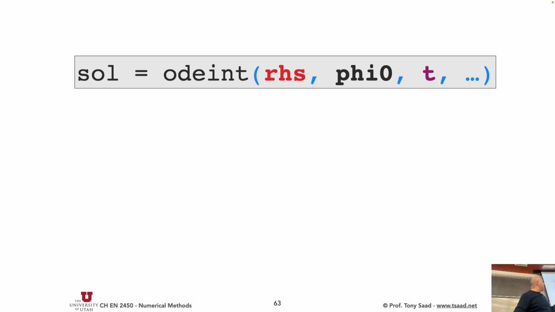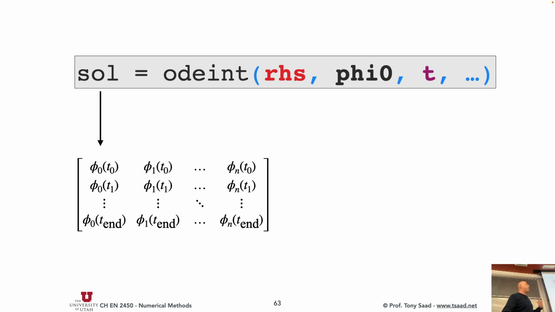So the return value is going to be a matrix. Not very complicated, but a matrix. The first column contains the first dependent variable at all the times you want to solve at, from t0 all the way to t end. That's the sequence of points you're solving the ODE at. The second column is the second ODE or the second dependent variable, and so on until the last ODE.